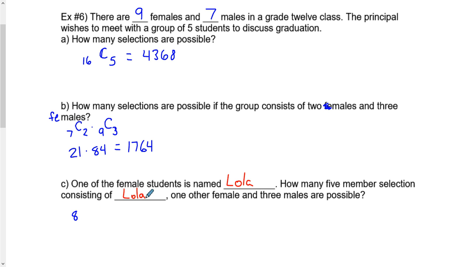One of the selections is already Lola, so we can't use her again. And there'd be 1 female left to select. Or 3 males, well, that's going to be 7C3. Again, I know that's not representative, but I just want to do an example. 8C1 is 8, and 7C3 is 35. Multiply them together, there'd be 280 different grad committees.